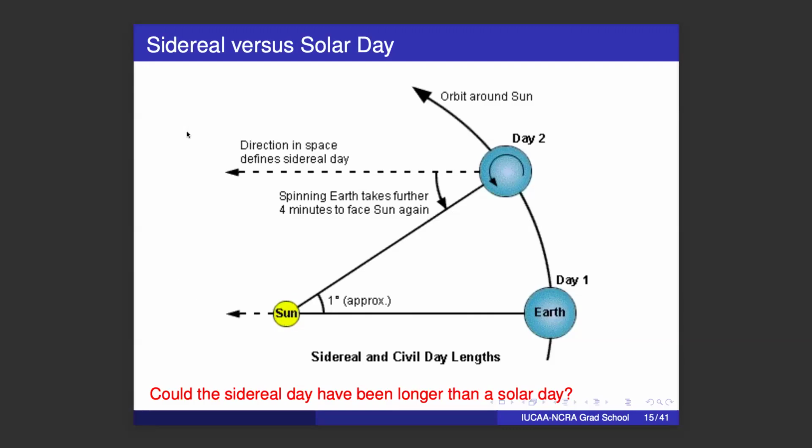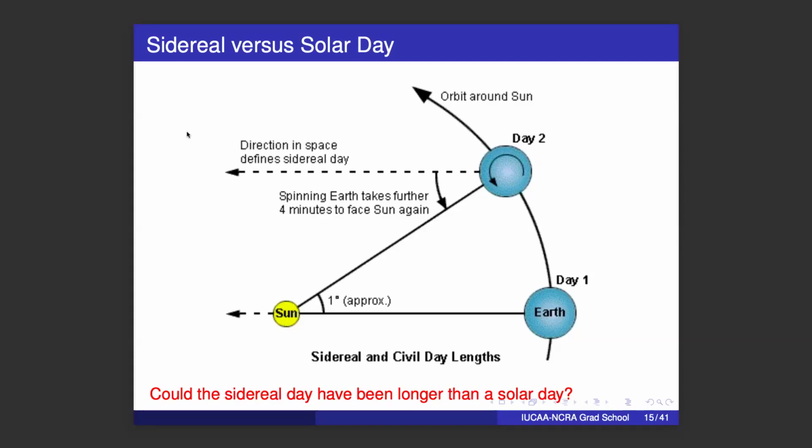Okay, so this is the concept of sidereal day versus a solar day. The Earth is here today on day 1. On day 2, it moves here. Of course, this angle is exaggerated, since it only moves by 1 degree, exaggerated for clarity. Now the spinning Earth goes around once, 360 degrees, but it needs some extra time to line up with the sun once again.